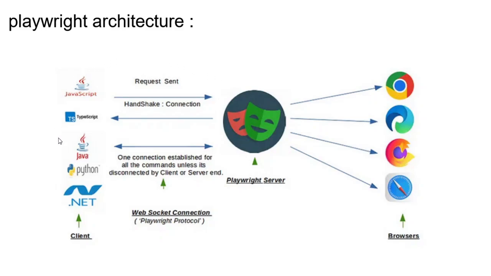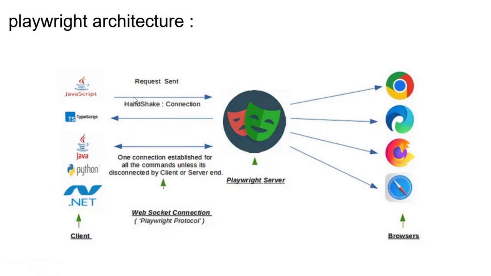First component is the client, or we can say the test script which we write. This is where you write the test script using Playwright's API. There are different languages which are supported, for example JavaScript, TypeScript, Java, Python, C Sharp, etc. This is called the client, where we actually write the script.